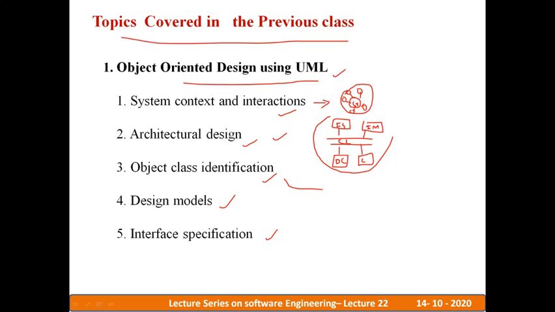In connection with the object-oriented design using UML, you need to identify the object classes. With reference to the context of a weather station and its related subsystems, you need to identify some set of objects or object classes.